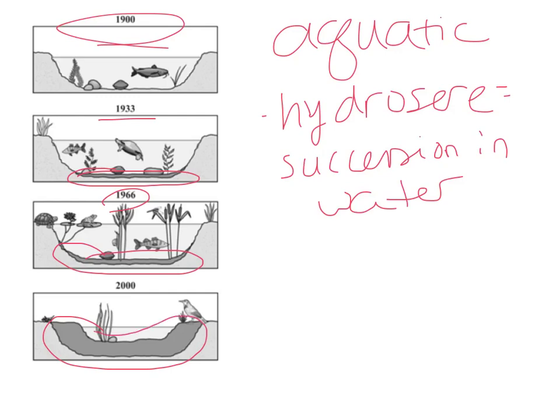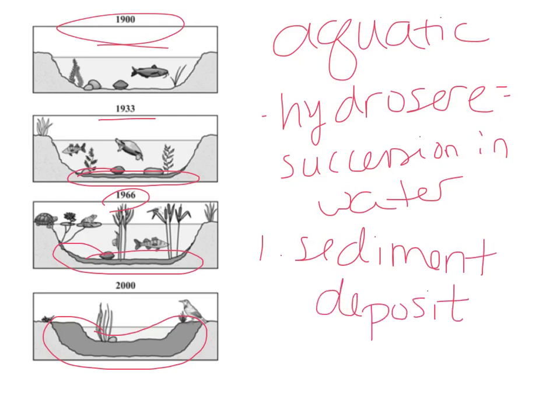What happens here with this hydrosphere, this succession that's occurring in the water, is first of all, we're going to have sediment, silt deposit. This could be from a variety of things. Essentially what's happening, as you can see in this picture, is that the lake is starting to fill with soil. That soil could be washed into the lake.